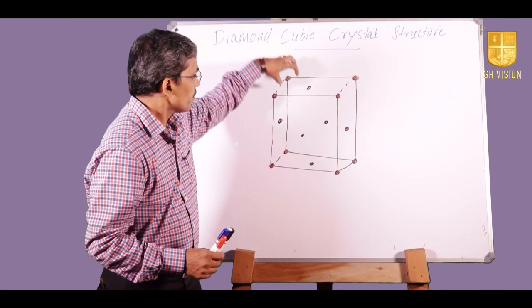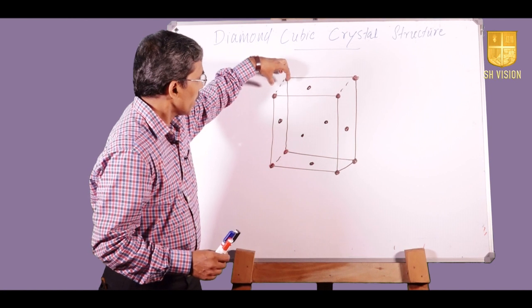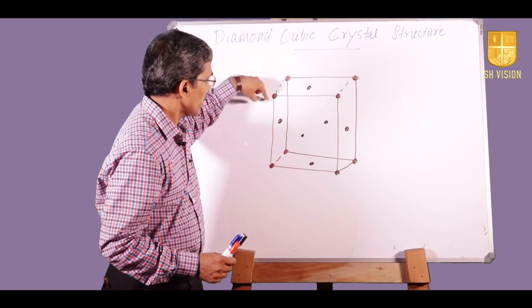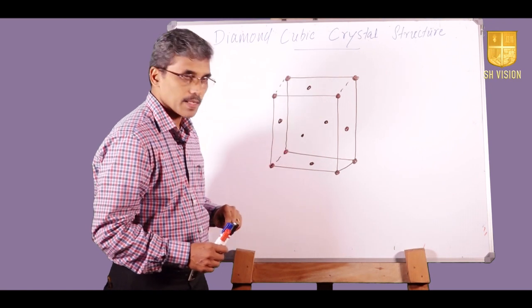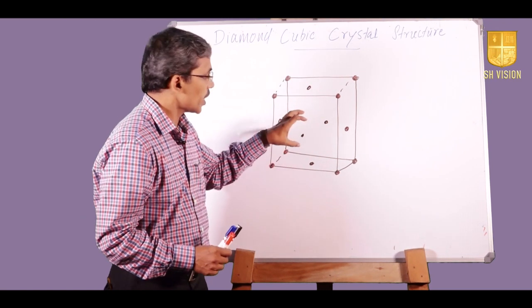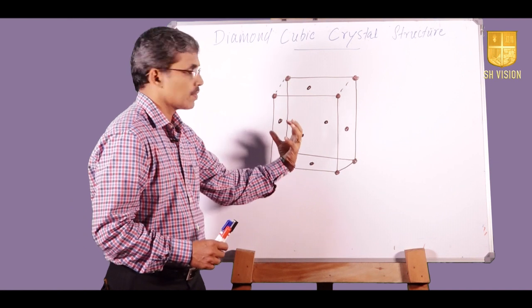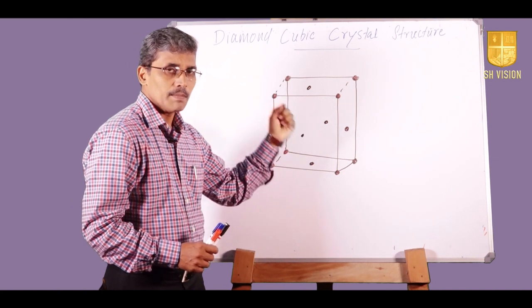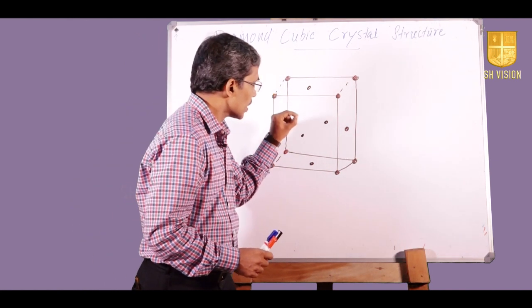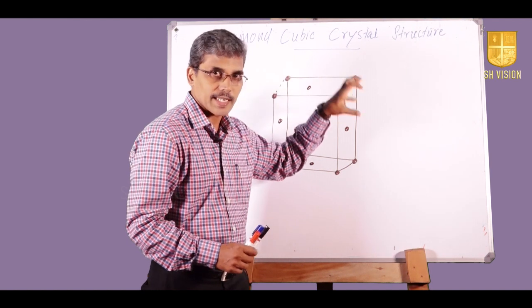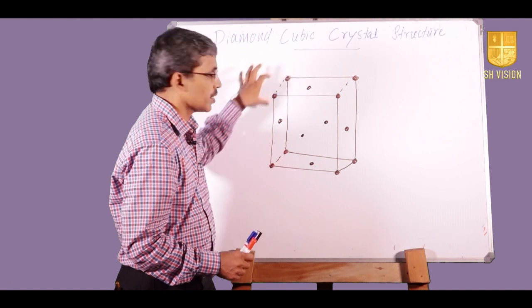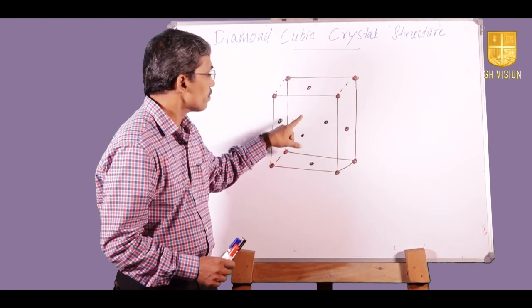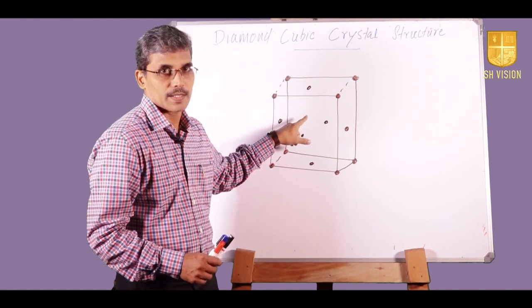That is, there are 8 atoms at the 8 corners, 6 atoms on the face centers, and 4 atoms of the second lattice which are coming inside. But when we mark these 4 atoms of the second lattice, as far as this face centered cubic unit is concerned, they are not part of the cubic lattice.